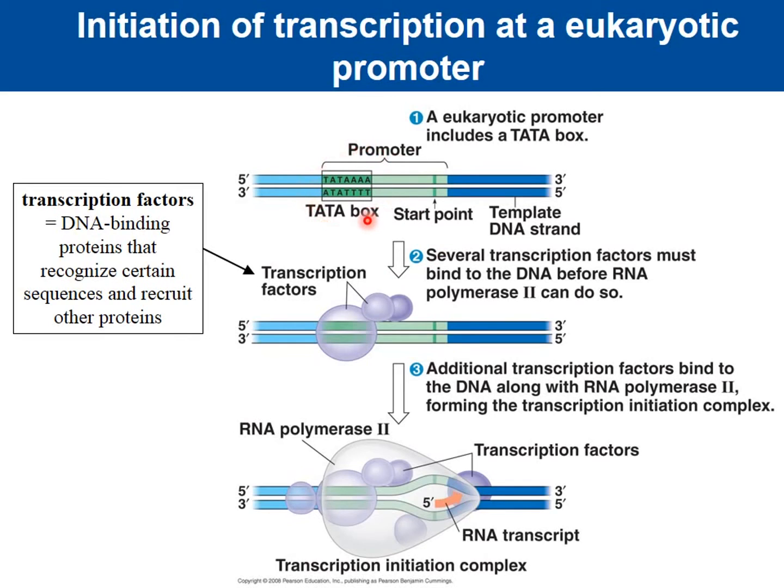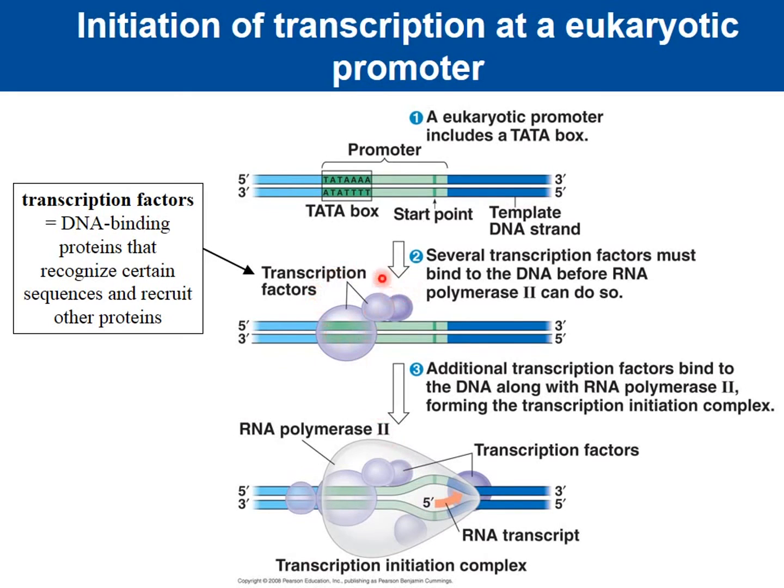This TATA box allows proteins called transcription factors to bind. And so transcription factors are basically just DNA binding proteins that recognize certain sequences, and they, in some instances, help recruit RNA polymerase to the promoter, meaning that they help RNA polymerase bind to the promoter so that it can initiate transcription.